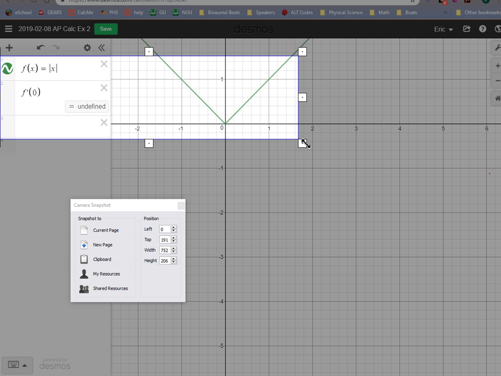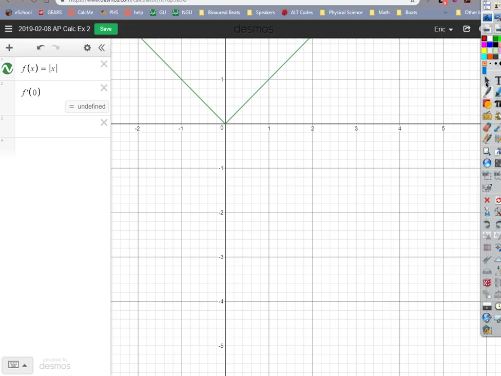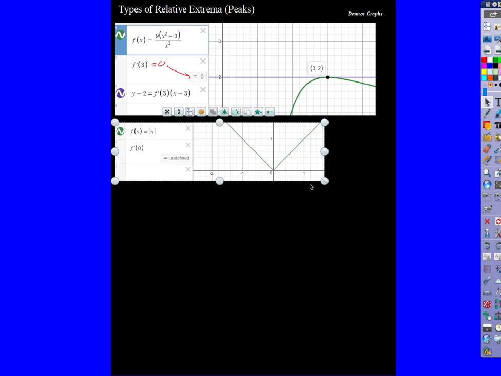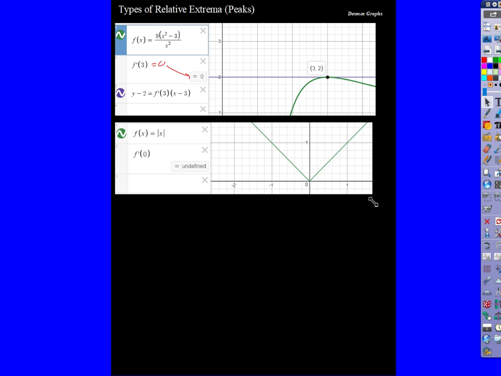And remind us why the derivative is undefined there. Sharp corner, right? Remember, that's one of the places where we said derivatives are undefined. Okay?